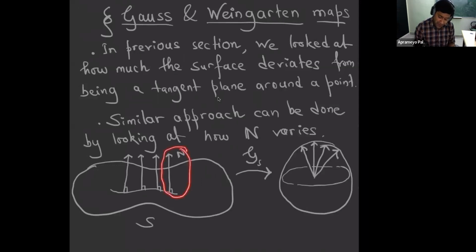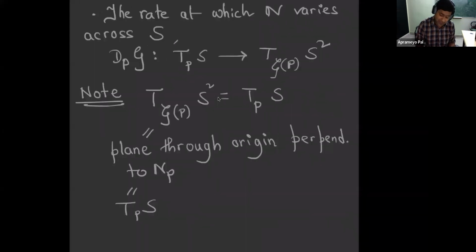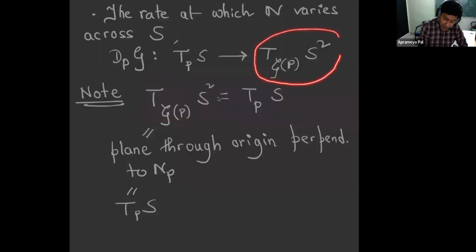This N_P is essentially this N_P. So it's not that surprising. I'm not saying anything very deep, this is quite obvious actually. But if this is true, that's very nice because now I can replace the right-hand side by T_P S also.